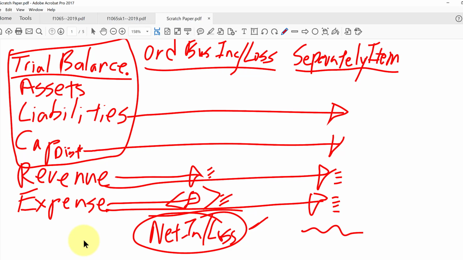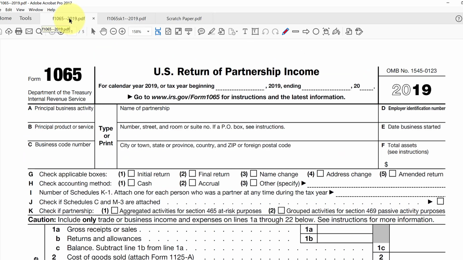So again, the key numbers here for tax purposes are this ordinary business income or loss figure down here, and all the different separately stated items in this column, everything coming from the company's trial balance as adjusted for tax adjustments. So let's go back to the 1065 form, and this is the first of 5 pages.